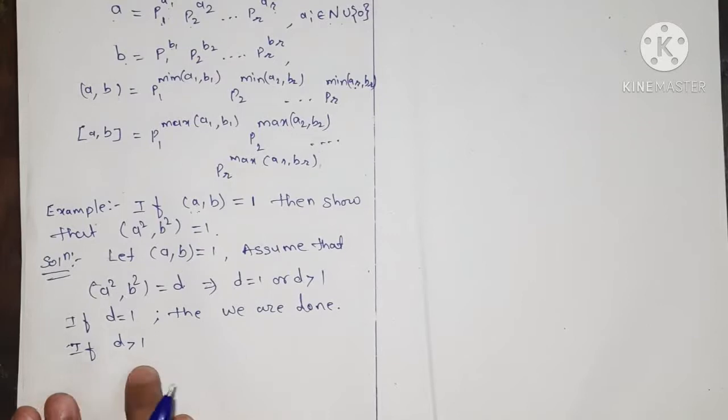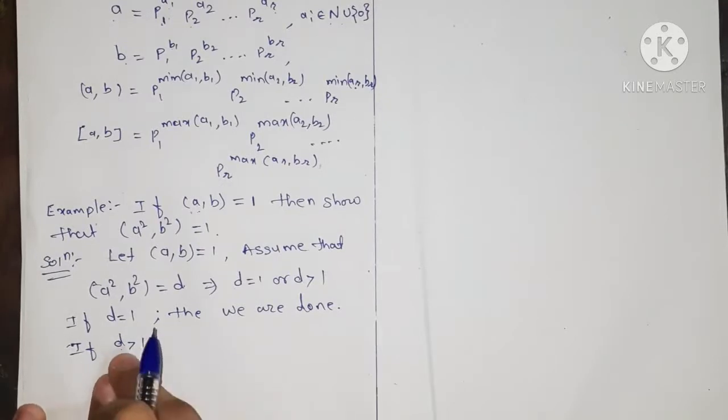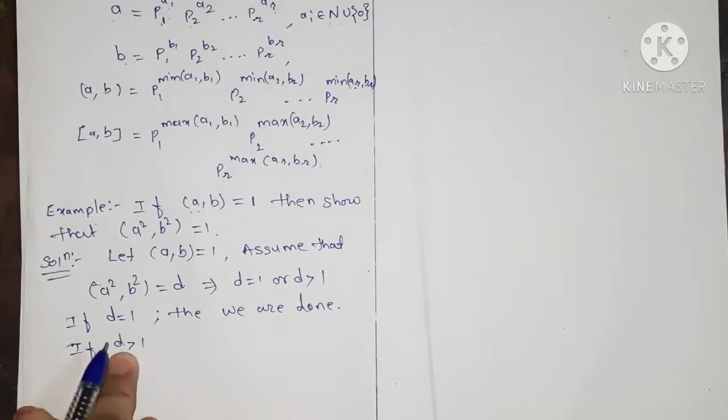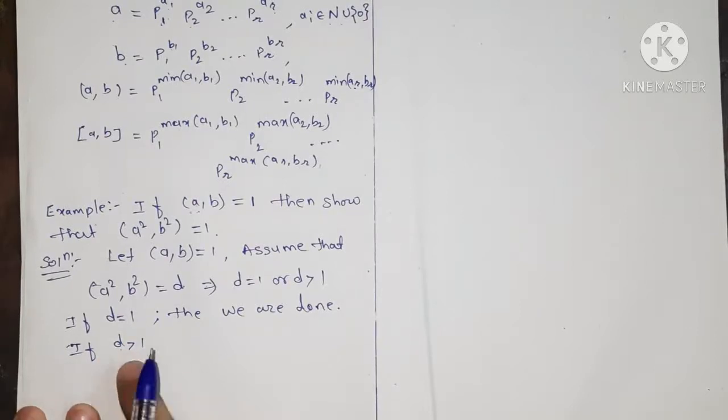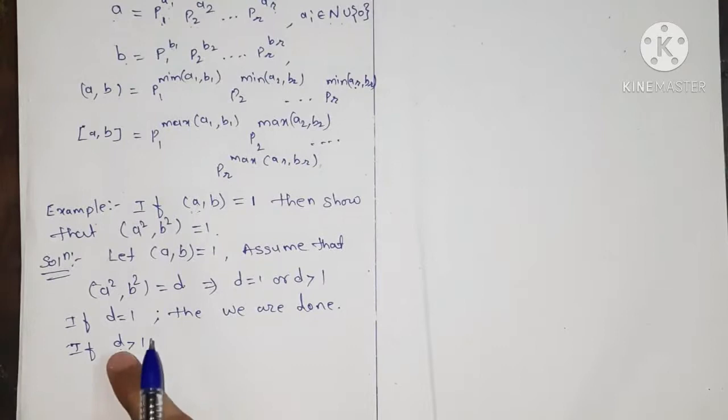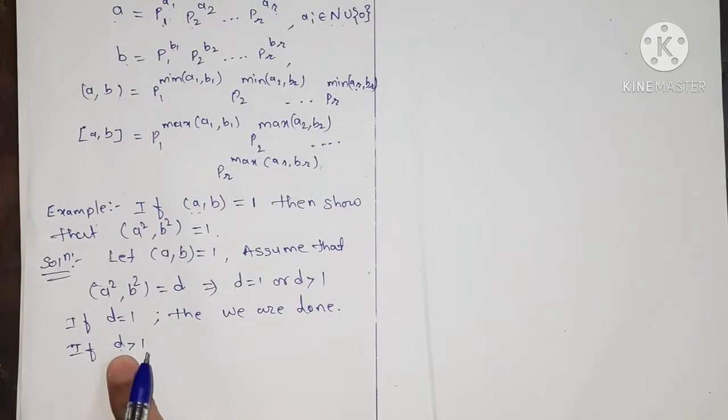So what happens if d is greater than 1? D is a positive integer greater than 1. So by the fundamental theorem, d can be factorized into prime factors, or we can say by some property that any number greater than 1 has a prime factor.